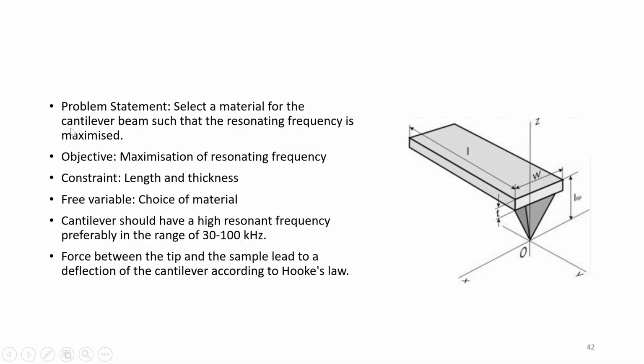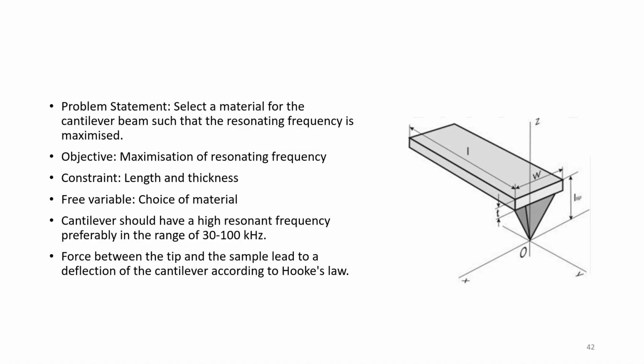Now the problem statement is to select a material for the cantilever beam such that the resonating frequency is maximized. Here the objective is maximization of resonating frequency. Constraint is length and thickness. Free variable is choice of material, and the cantilever should have a high resonating frequency, preferably in the range of 30 to 100 kilohertz.